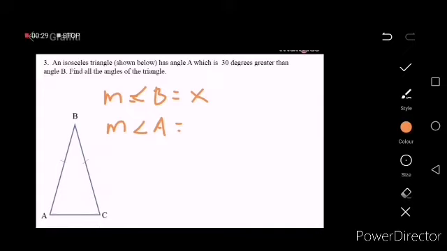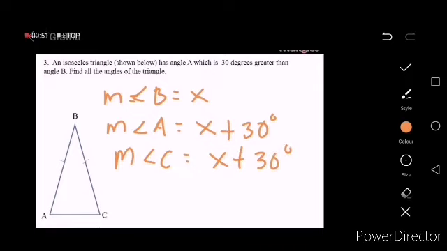Ang sabi, 30 degrees greater than angle B. So, if angle B is x, angle A is greater than by 30 degrees. So, measure of angle A is just x plus 30 degrees. And, as we all know, the measure of angle C is also x plus 30 degrees.